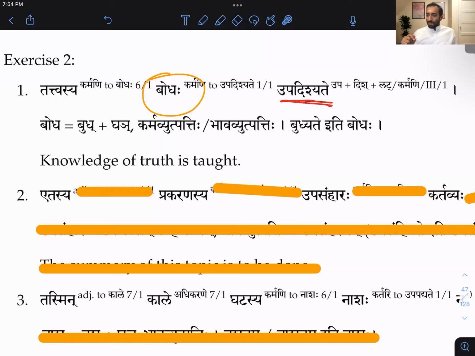Now, so there again, it's not kartari vyutpatti, it's not the one who is reveling, but it's the place in which people revel. That is Rama. Now that place can do things, just like knowledge can do things.